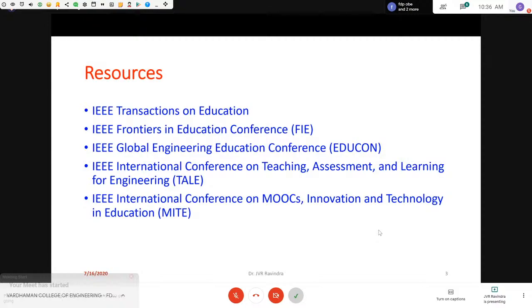And the last but one is the very famous one that is growing up in India now, the International Conference on Teaching, Assessment and Learning for Engineering. And the last one is the MOOCs. Most of you know about MOOCs as well as NPTEL, how the professors are helping the community. So, innovation and technology in education, right?